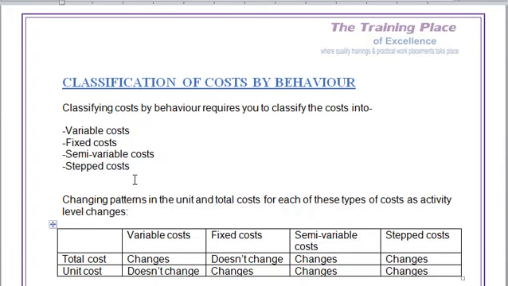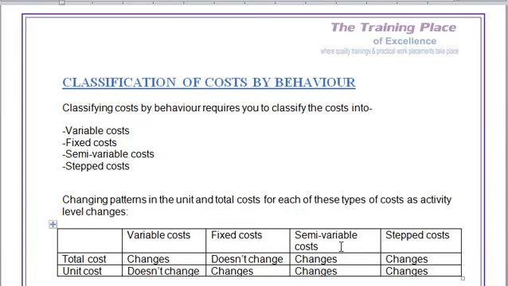When we say semi-variable cost, it has an element of fixed cost and an element of variable cost. That will mean that if you double your production, your cost will change, but it will not double. The total cost will change and the unit cost will also change as your activity level changes. Stepped cost means that your total costs increase after a certain level of activity has been met.